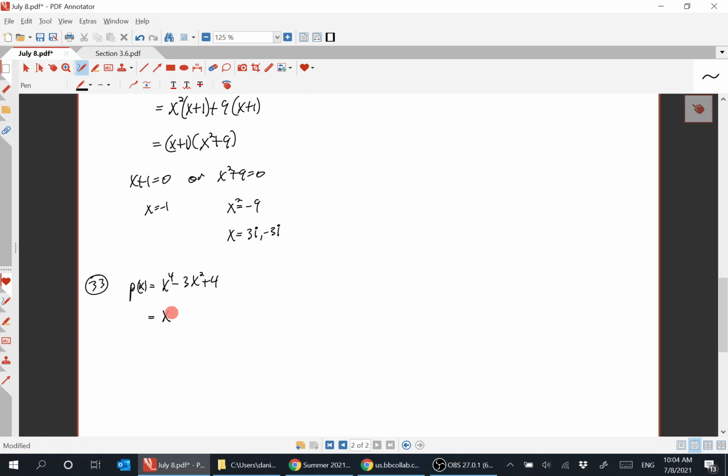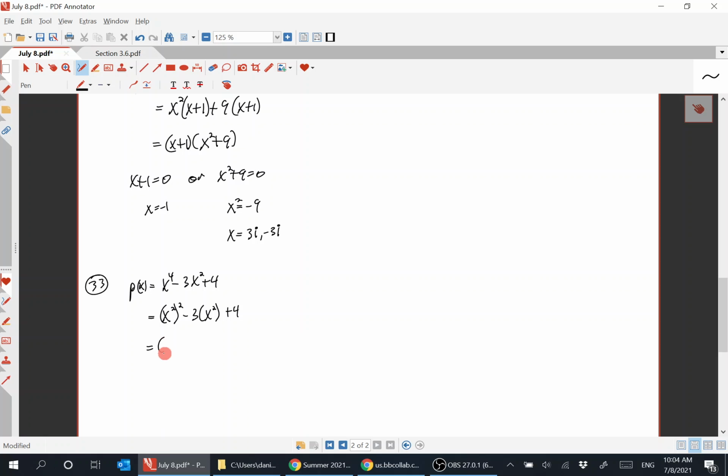So again, you can think of this as x squared squared plus 3x squared minus 4. So this is one of these polynomials where you think of the variable as x squared, right? So then it becomes a quadratic polynomial in x squared.